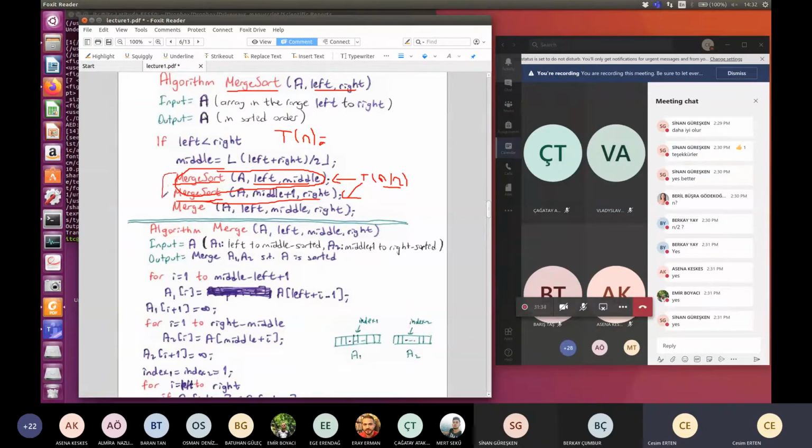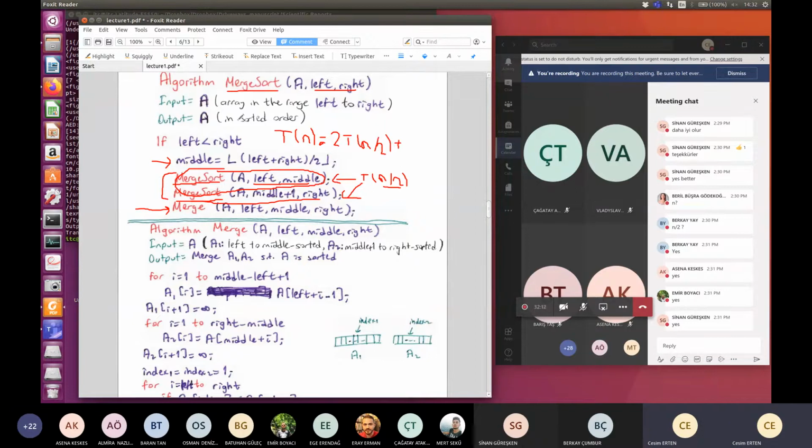For both of these two together, we will spend 2T of n divided by 2 running time, plus any running time that we spend for the rest of the code, which is constant time for the comparison, constant time for this initial line, and we need to find out what is the running time that we spend for this merge call.